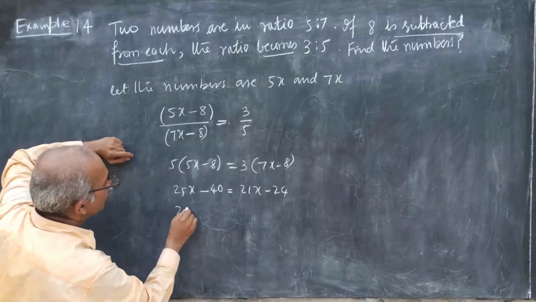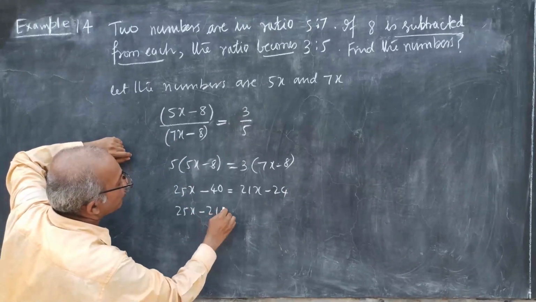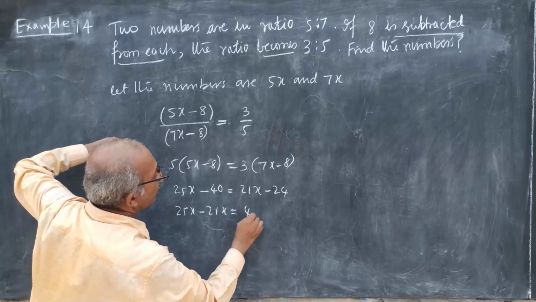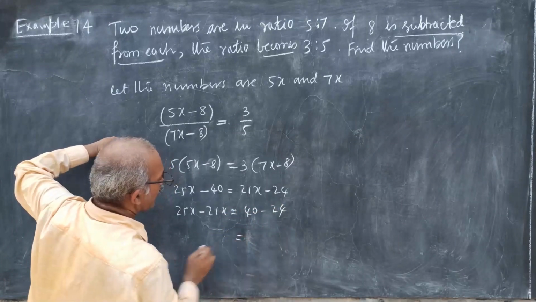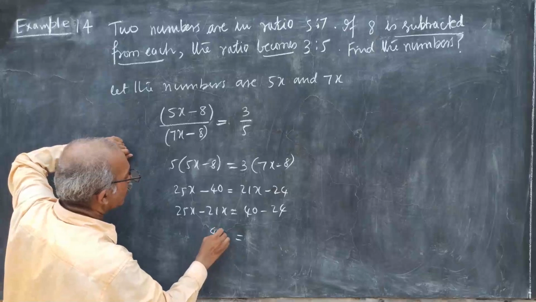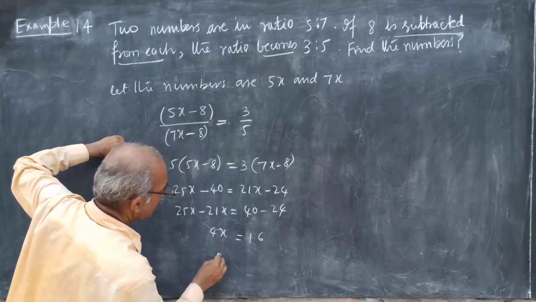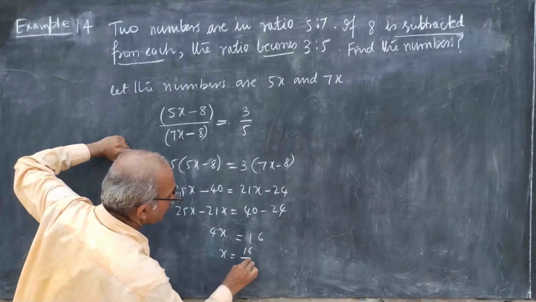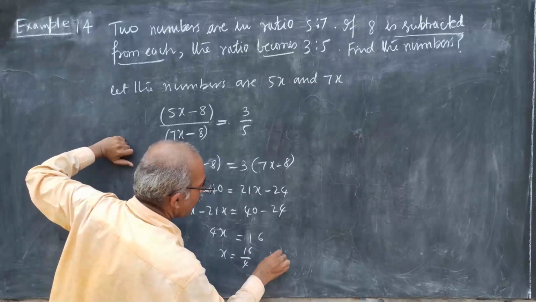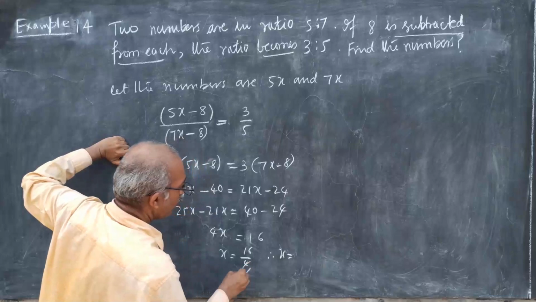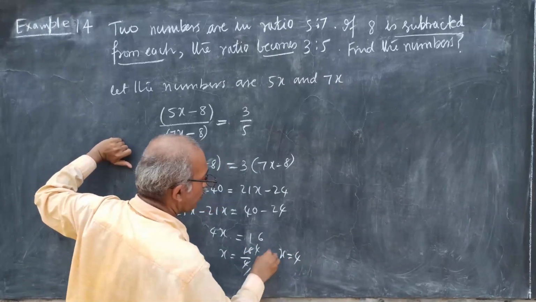Now 25x minus 21x is equal to 40 minus 24. So here you got 4x, and here you will get 16. Therefore x is equal to 16 by 4. So x is equal to 4.